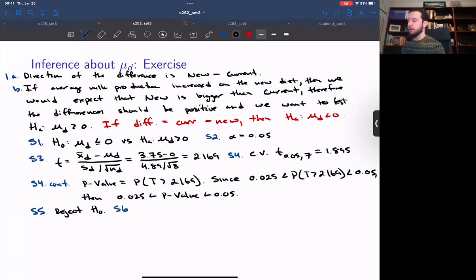Okay, and then on step 6, I'll just try and make it fairly brief.